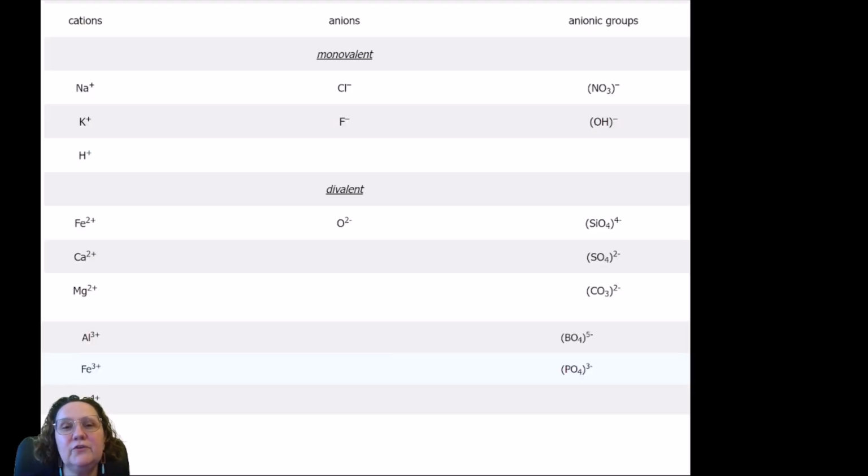This page is from Chemistry LibreTexts and gives you an example of typical ions that, if you are in an environmental or geological context, you are going to come across over and over again, and it's worth being familiar with. The cations are all very straightforward because their name is simply the name of the metal with the word ion attached. The first one is the sodium ion, the second one is the potassium ion.